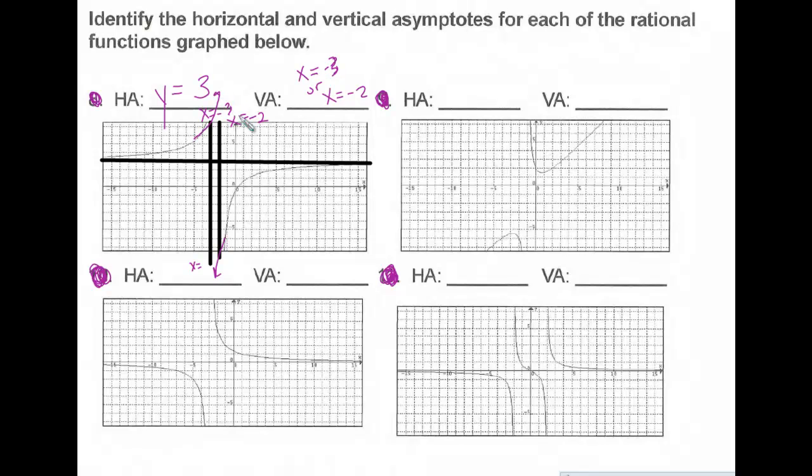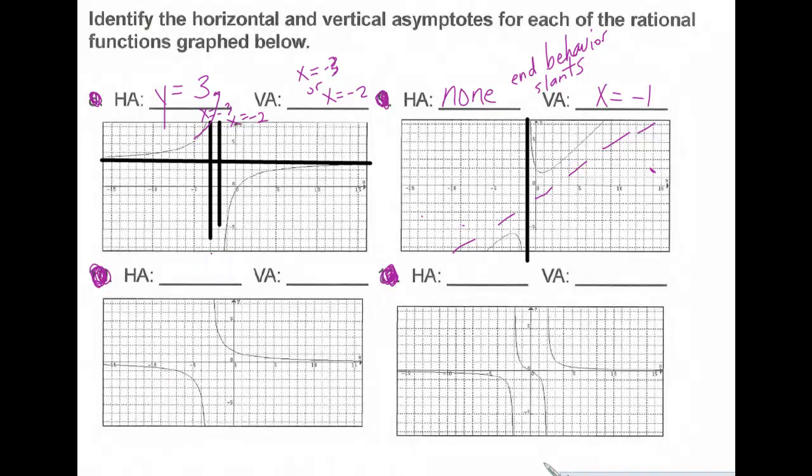We don't know. Not enough information. On the horizontal asymptote, in this particular problem, there is not a line that the graph is flattening out towards on the end behavior. This one has a slant asymptote, so there's no horizontal asymptote. The end behavior slants. The vertical asymptote is at x = -1.